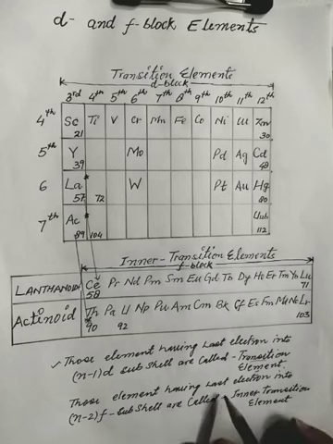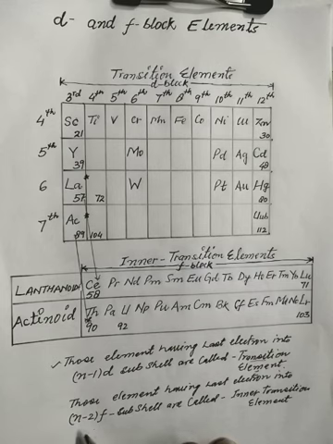And those elements having the last electron in (n-2) f, where n is again the maximum value of the principal quantum number, so we are talking about the third last shell, while (n-1) is the second last shell. If f is present in the third last shell and electrons are filling in that subshell, it is called an inner transition element.